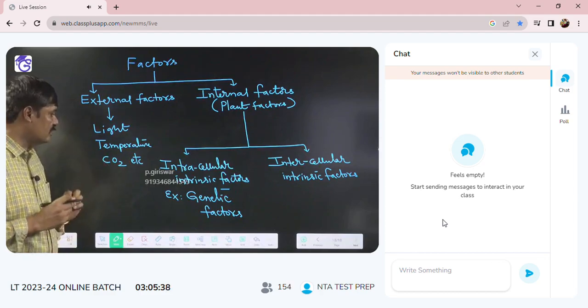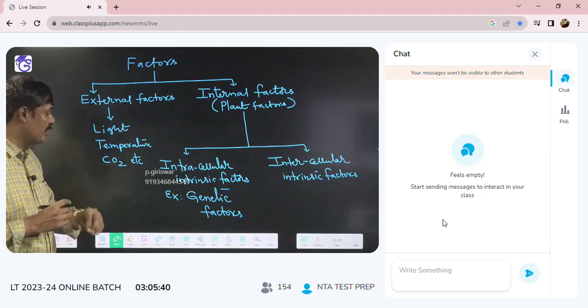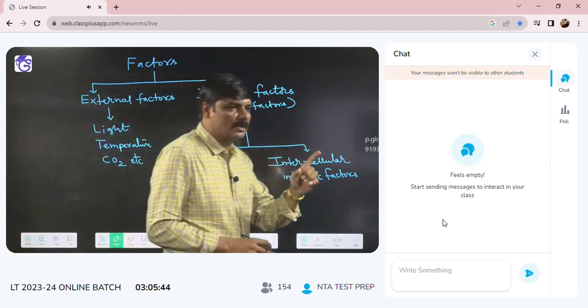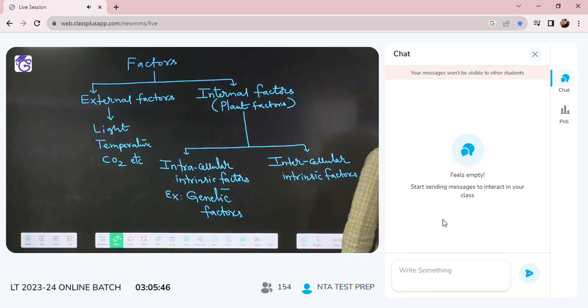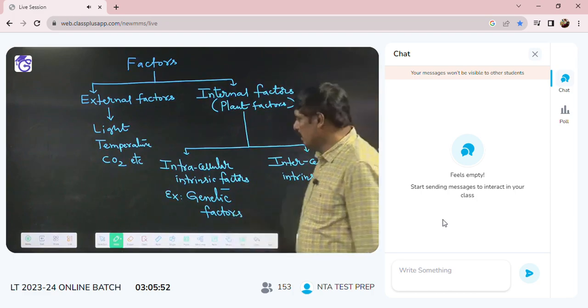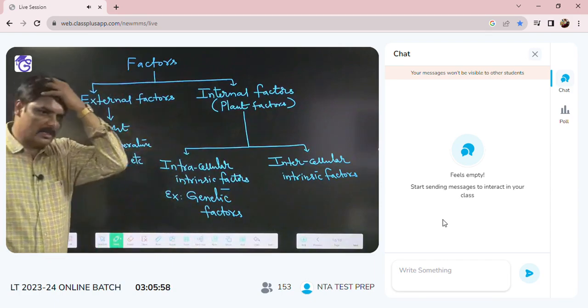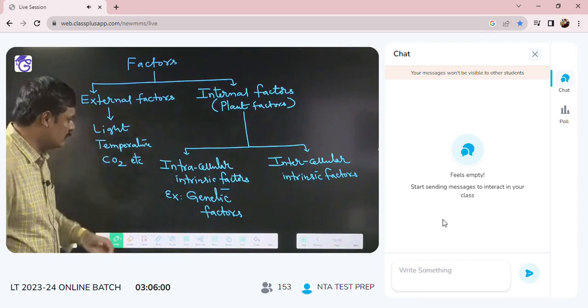The intracellular intrinsic factors that influence growth and development in plants are genetic factors. So genetic factors are intracellular intrinsic factors.